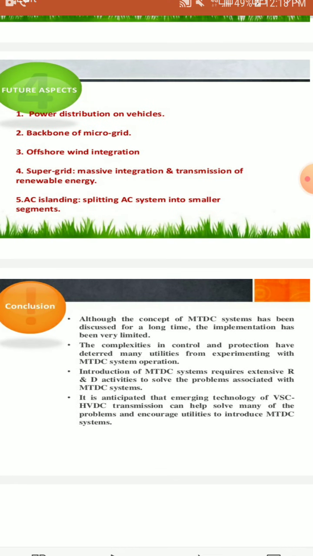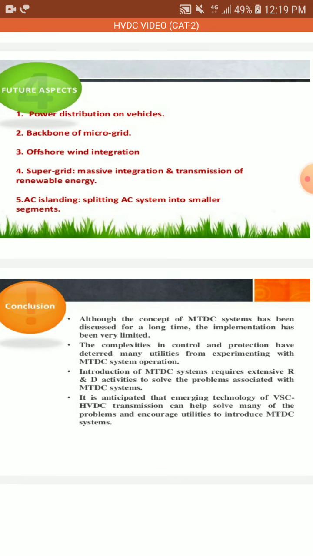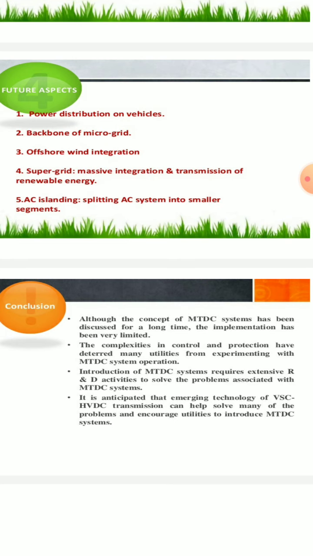Conclusion. Although the concept of multi-terminal HVDC systems has been discussed for a long time, the implementation has been very limited. The complexities in control and protection have deterred many utilities from experimenting with MTDC system operations.